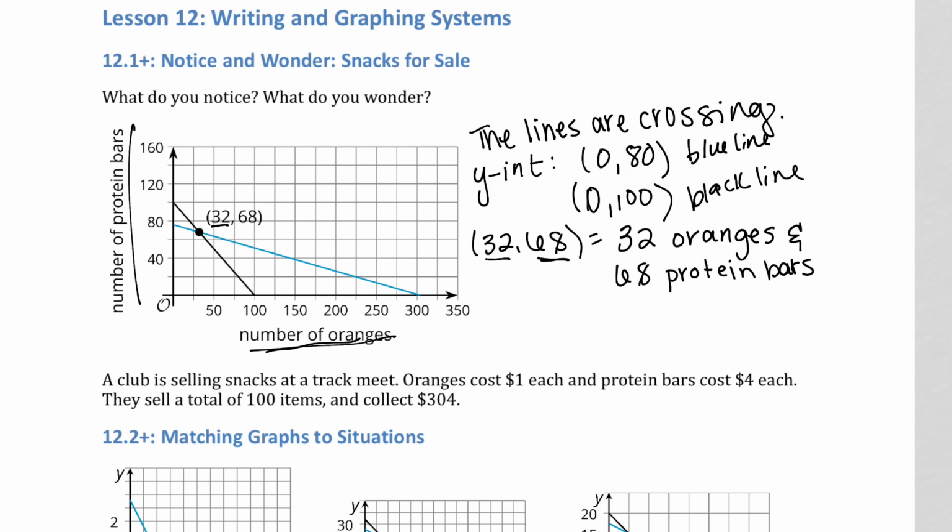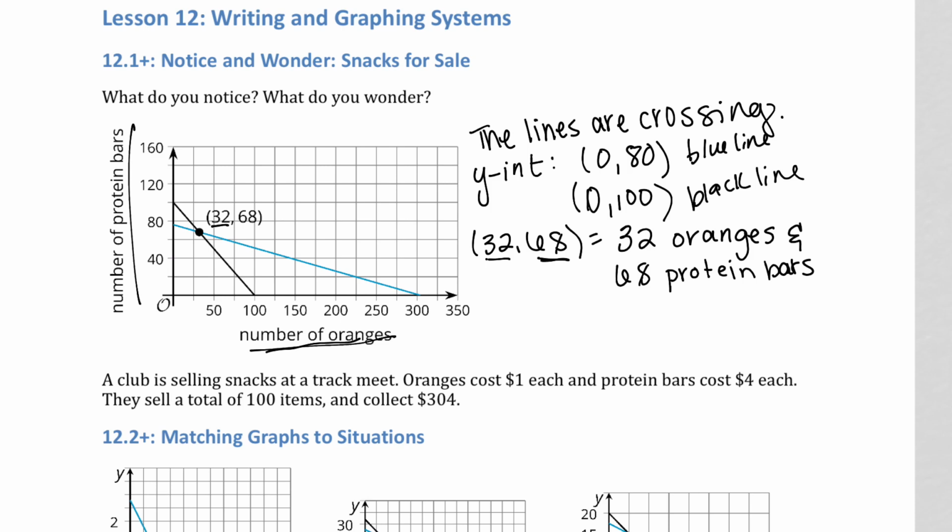How much will 32 oranges and 68 protein bars cost? Or how much money will they collect? This is in the text underneath the graph.